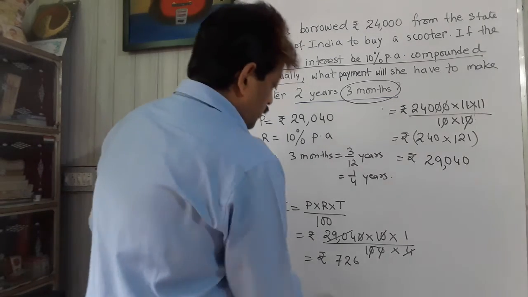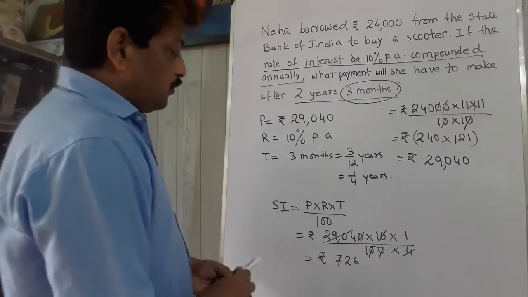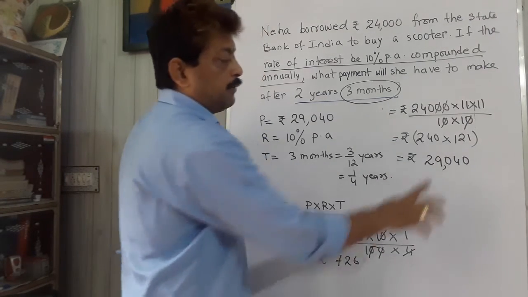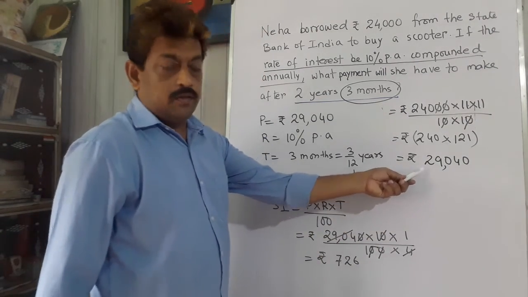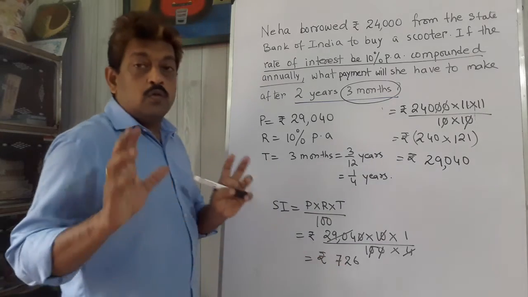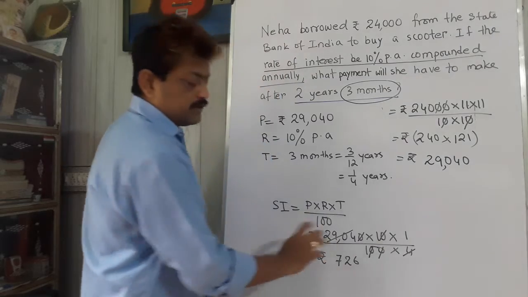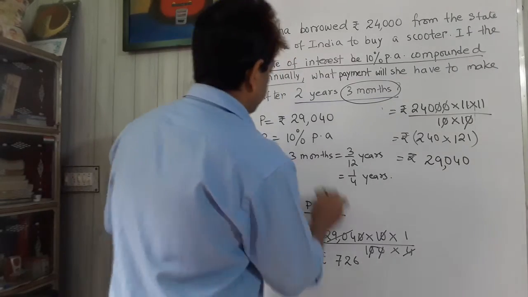Okay. So now what I have to do, I have to add this interest to the amount obtained after 2 years. So therefore total amount will be rupees 29,040 plus 726.